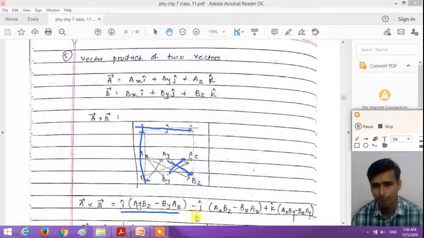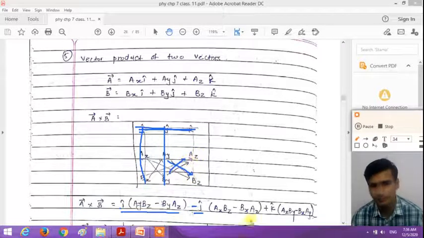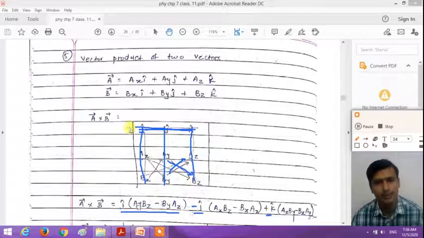Second, always put a minus j, remove the row and column containing j, multiply from left to right, AX BZ minus BX AZ, plus k: eliminate the row and column containing k, AX BY minus BX AY.